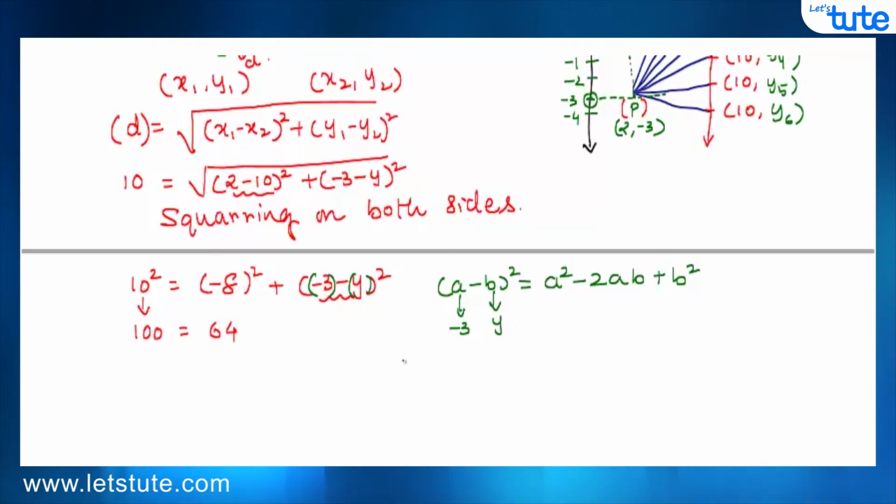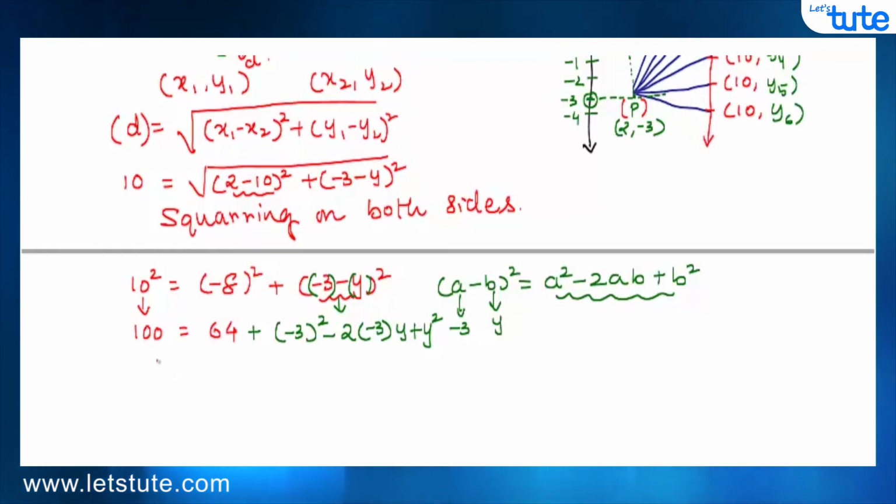Okay, so let us apply this formula to calculate this term. So a squared, that is negative 3 squared, minus 2 times negative 3 times b, which is our y, plus b squared, that is y squared.